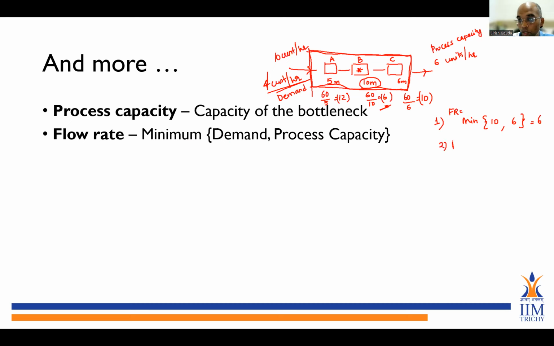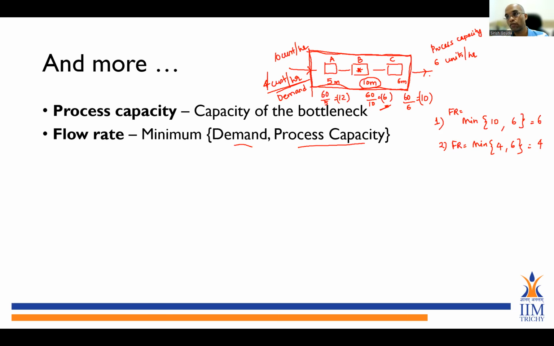In the second situation, flow rate was the minimum of 4, 6, with 4 being our demand, so the flow rate is just going to be 4. So depending upon the demand as well as the process capacity, your overall flow rate is going to be adjusted.